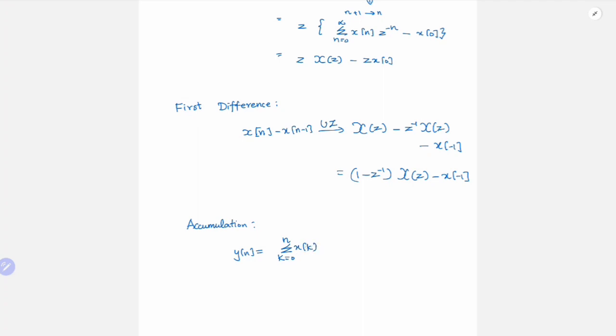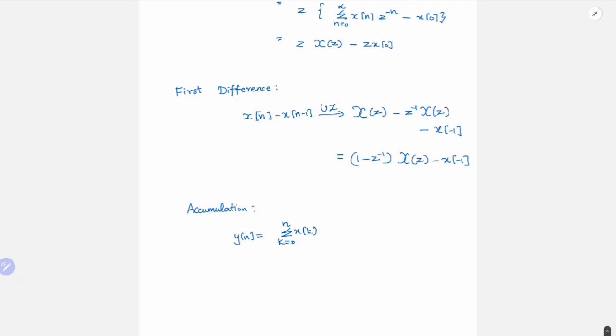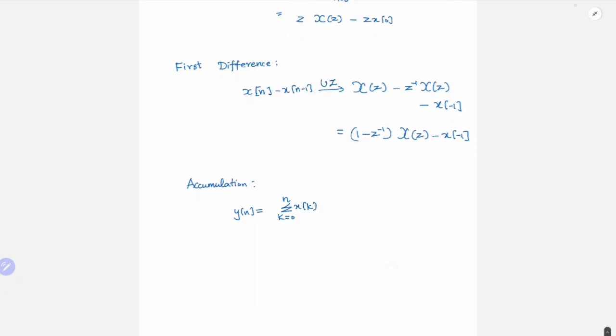So it is starting from k equal to 0. Here you could argue that there is an x of minus 1, but this is just a general case. Sometimes your system may be causal, while your signal may not be causal, so x of minus 1 may have some finite value. But here this is like your system, so it needs to be causal, which means your k is going to start from 0 instead of minus infinity.